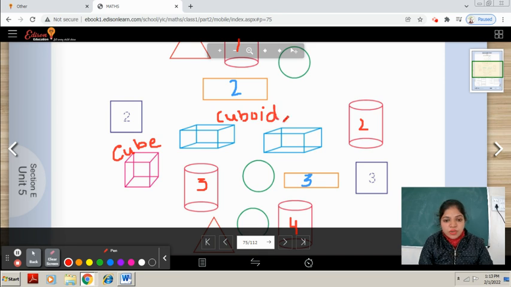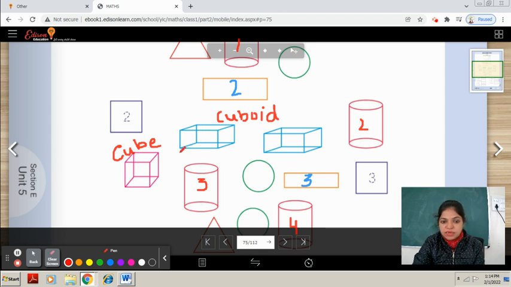Now I will tell you about cube and cuboid, what is the difference between them. Cube is a 3D shape, right? And the faces of cube are in square shape. Okay, the faces are in square shape, right? And in the cuboid, the faces of cuboid are in rectangular shape.